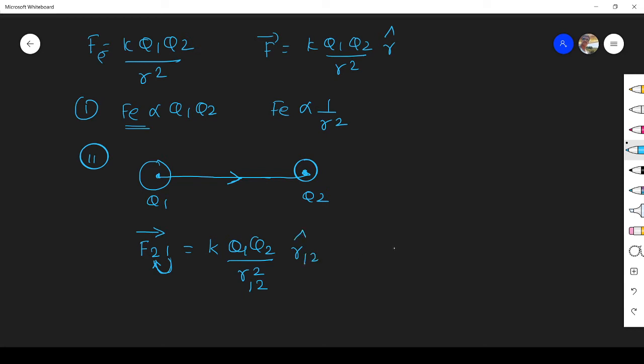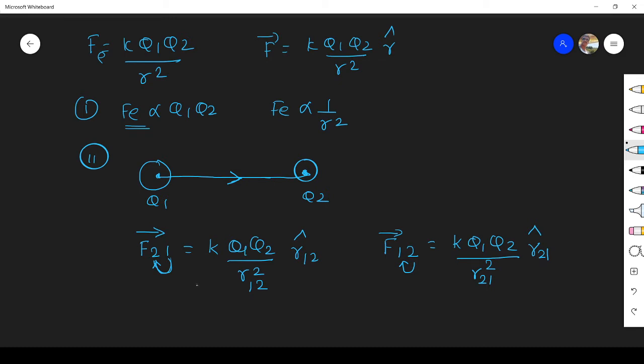Suppose charge 2 applies force on charge 1, I have to write it like this: 2 applies force on 1. That is given by F21, equal to again K Q1 Q2, with the distance between charge 2 and 1, so R21 square, and the force along the direction from 2 to 1, so R21 cap.